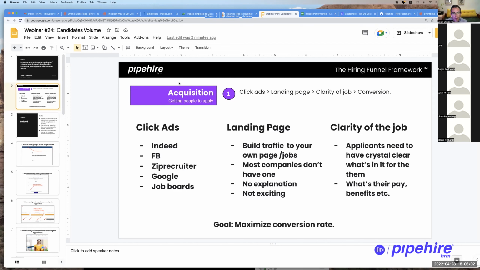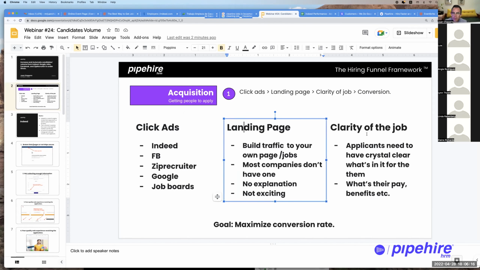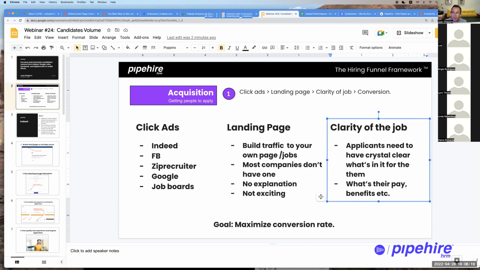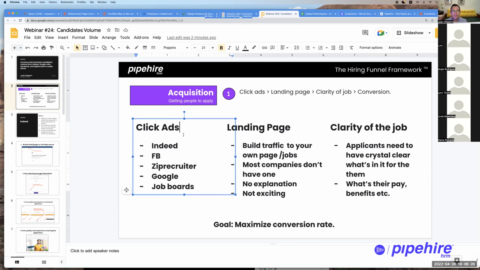A couple of months ago we created this hiring funnel framework, which has 7 parts, but I'm gonna touch on number 1 today. It's about understanding clicks, landing pages, and the clarity of the job, making sure that you have all these things in place. Clicks and ads all come from the different platforms: Indeed, Facebook, ZipRecruiter, Google Jobs, different job boards.